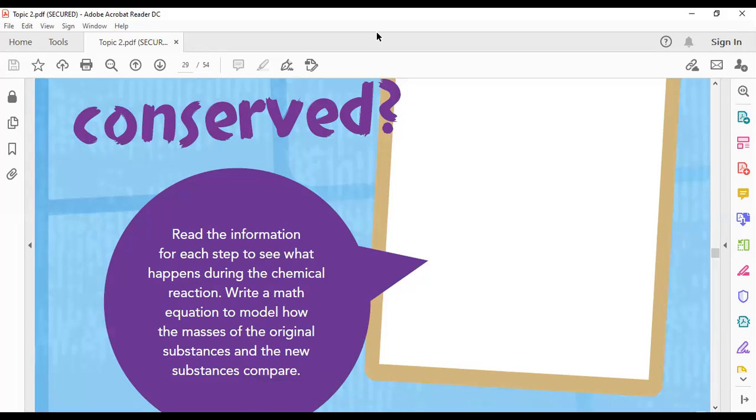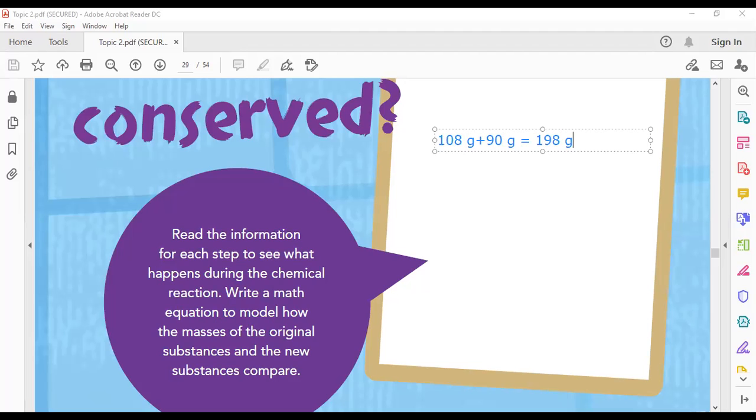What is the mass of the original substances? 108 plus 90, which is equal to 198 grams. Yes, write it. This is the answer.